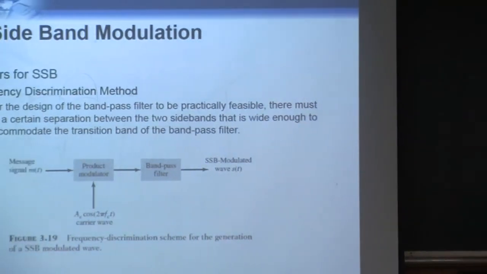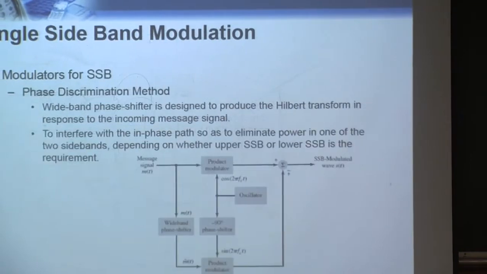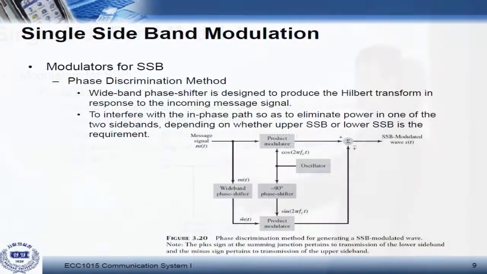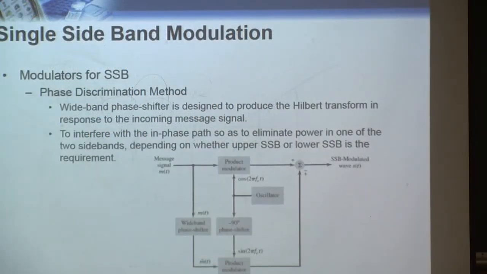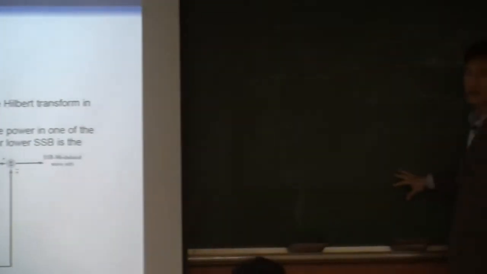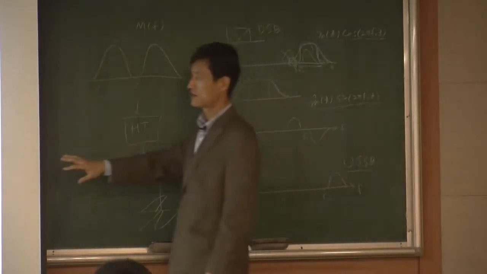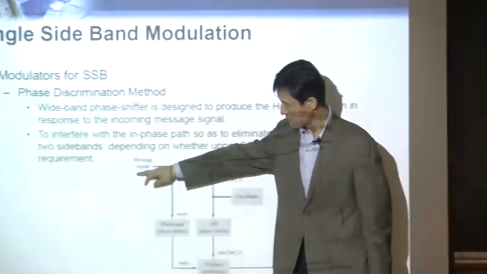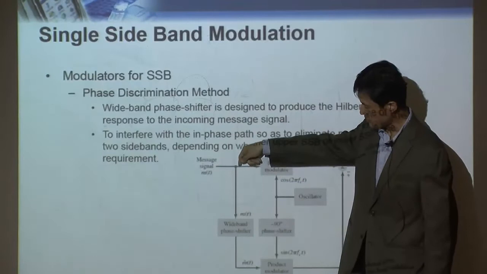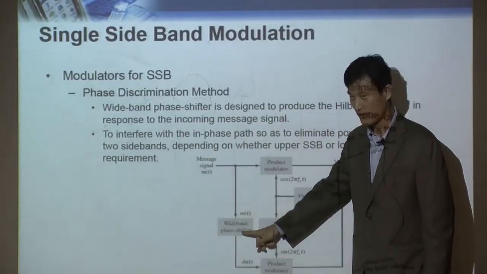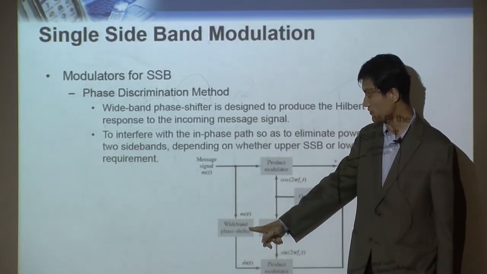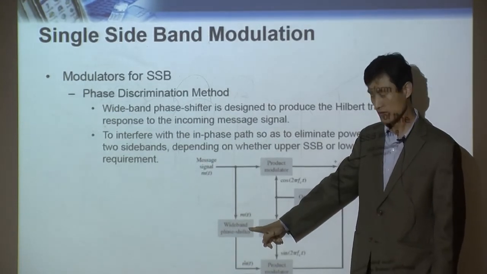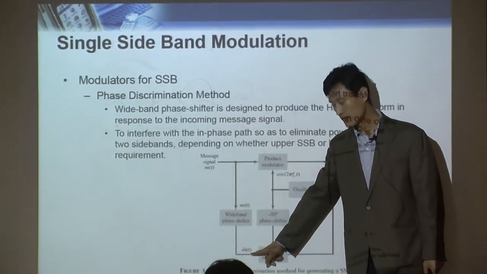So a better way would be this one, the phase discrimination method. Okay, that's the second method. And how to do that in this phase discrimination method is exactly the same as what we discussed earlier using the Hilbert transformer. In this method, we have the original message m(t) and put it into the wideband phase shifter, which is the same as a Hilbert transformer. You get the output m hat(t) right here.